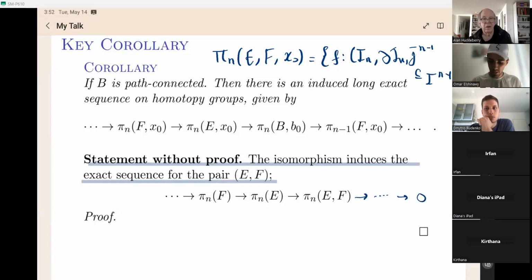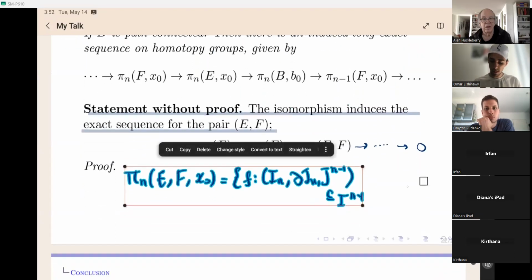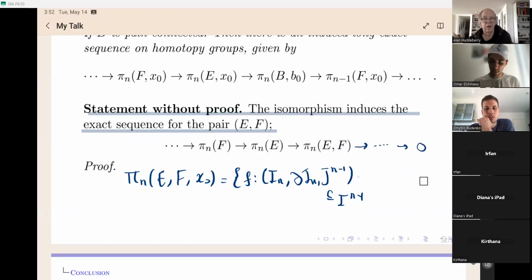And now I remember what this J is. And then maybe I'll just write it here. This map maps I^n into E, not precisely, but it's a function from there to there. The boundary is mapped into F, not precisely, but we want to have this inclusion.